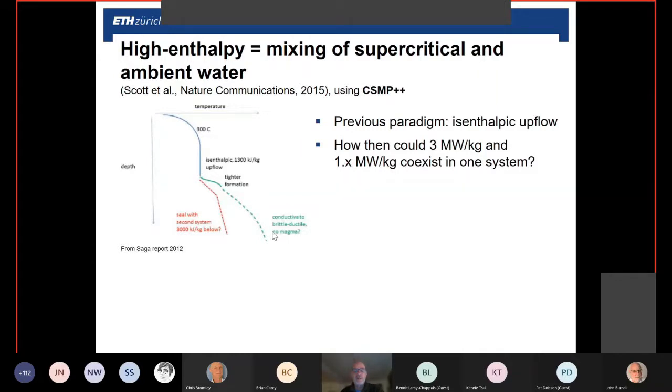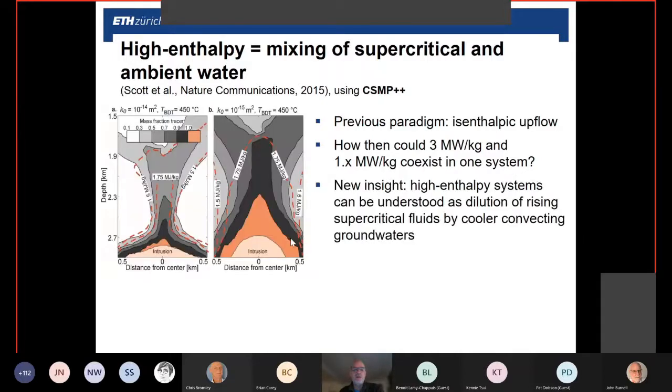And then it was speculated that below is this 3000 kilojoules per kilogram system. Back then there was a paradigm that flow in these systems is more or less isenthalpic. But how can you then get a 3000 kilojoules per kilogram system below a 1300 one? Is there some tighter formation in between, or is there something else going on?